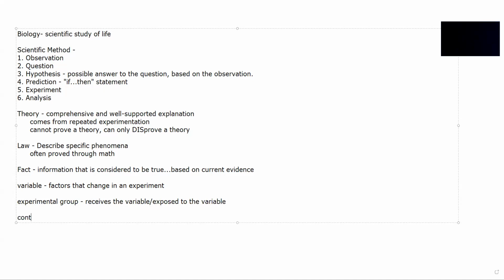And then you have your control group, sometimes called the test group, sometimes called the placebo group. The control group does not receive the variable. It isn't exposed to the thing being changed.